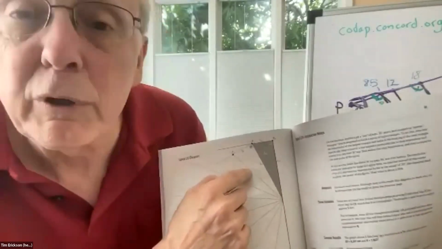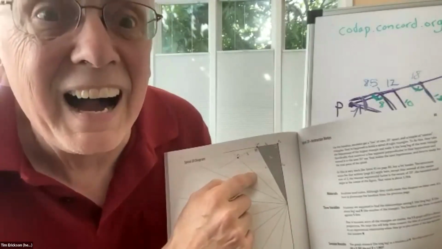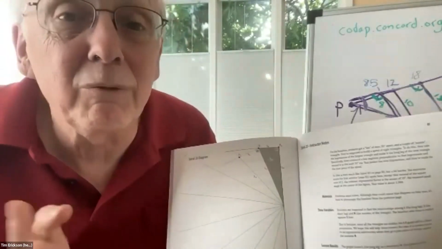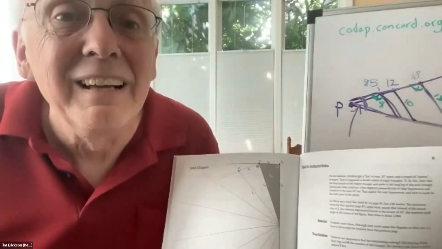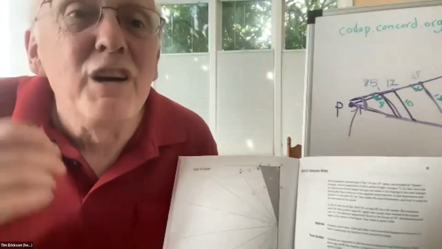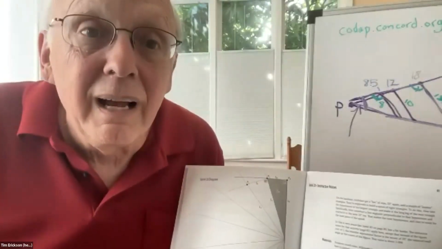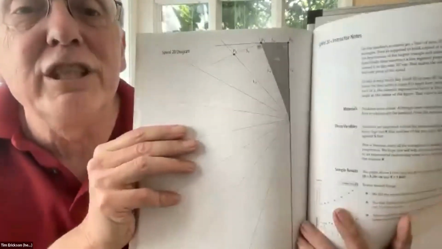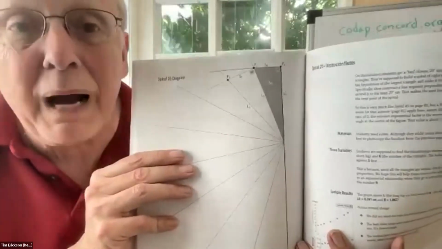To get from here to here, I multiply by 1.06 again. And to get from L2 to L3, I multiply by 1.06 again. To get to Ln, I multiply by 1.06 to the nth power. And that's what gives rise to an exponential function in this geometrical situation with this pretty spiral.